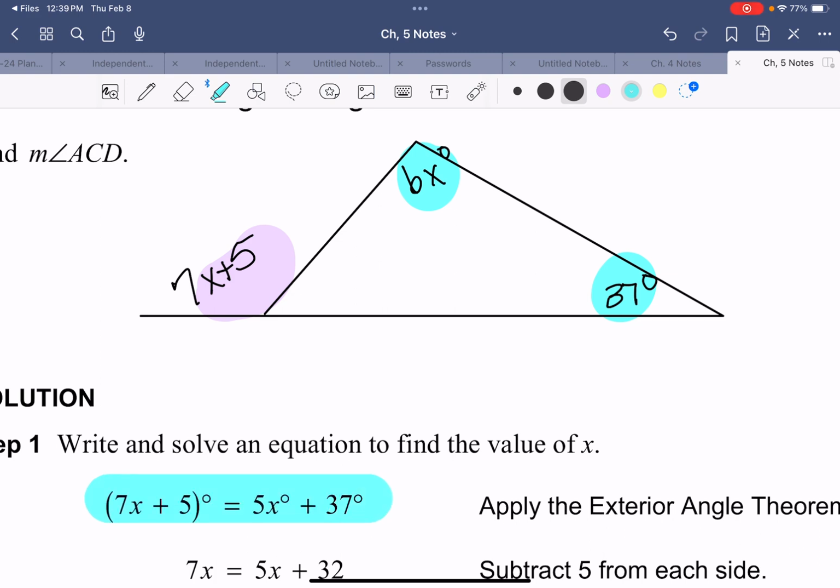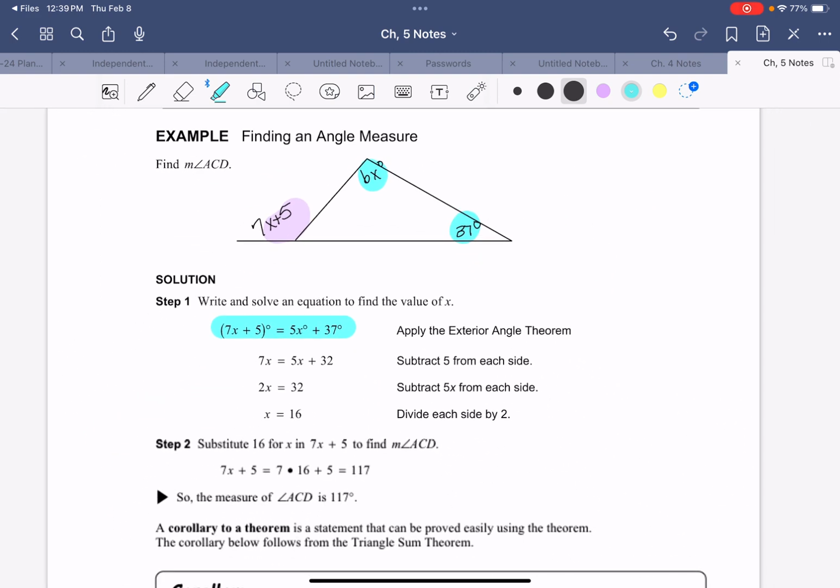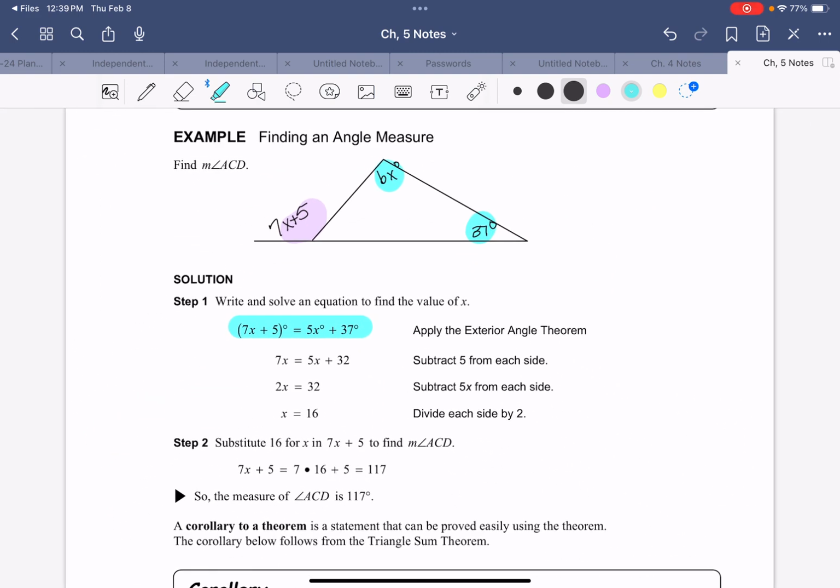So I can write my equation and say that 7x plus 5 is equal to 5x plus 37 degrees. I'm going to simplify both sides. I'm going to subtract 5 from both sides. Then I'm going to subtract 5x from both sides, and I'm going to get x is equal to 16.